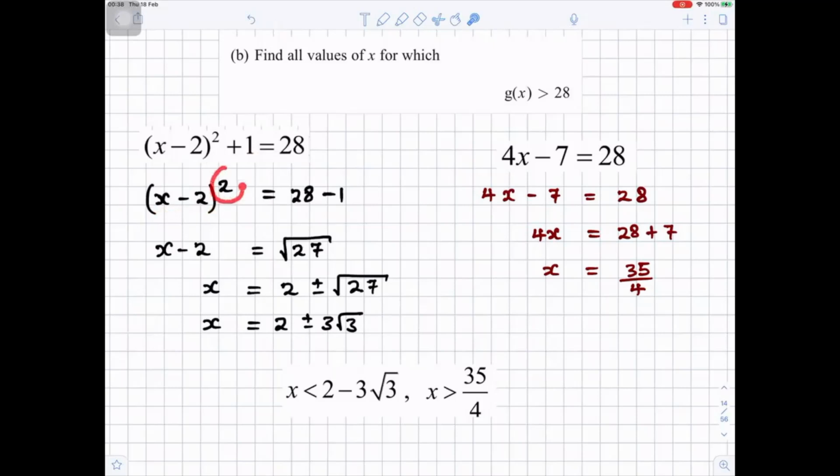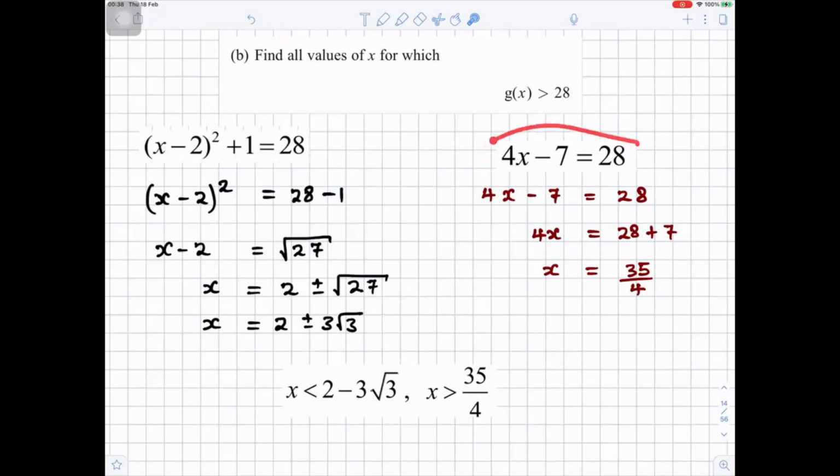We take the squared to the right, it becomes square root. So x minus 2 is equal to the square root of 27. We take the minus 2 to the right, it becomes plus 2. So x is 2 plus or minus the square root of 27, and if you put that in your calculator, x equals 2 plus or minus 3 root 3.